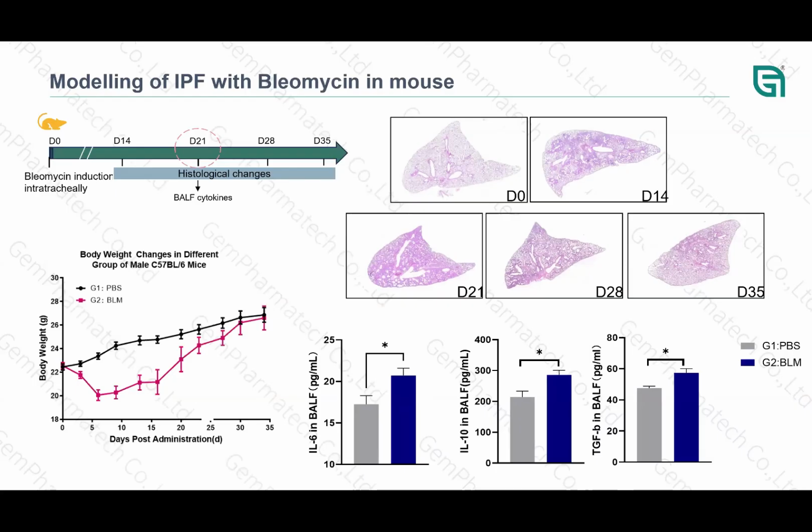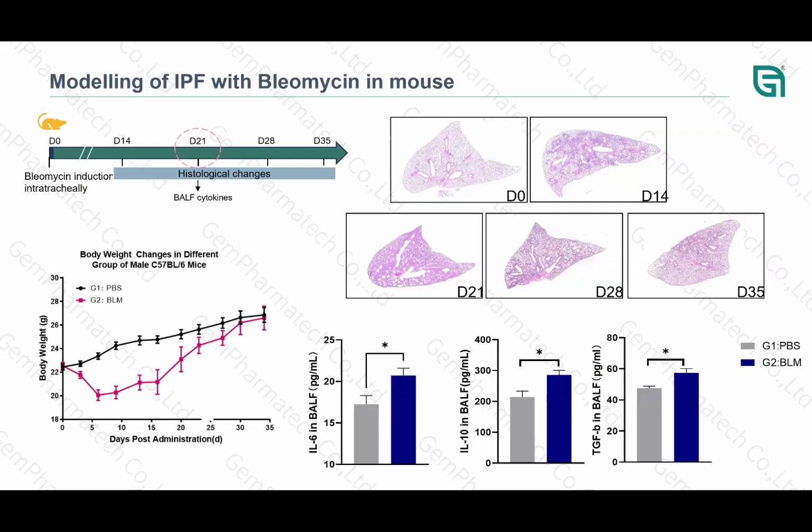In preclinical study, bleomycin is commonly used to induce a pulmonary fibrosis phenotype in the mice. The bleomycin binds to the DNA and generates free radicals, causing the lung cell DNA damage, triggering the abnormal tissue repair and inflammation, and ultimately driving the lung fibroblast activation.